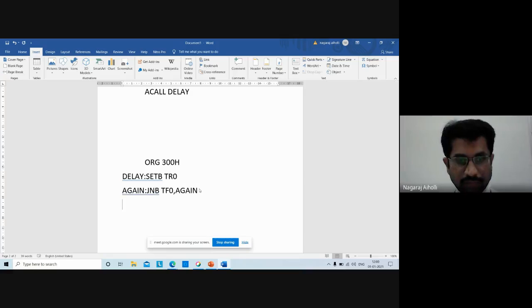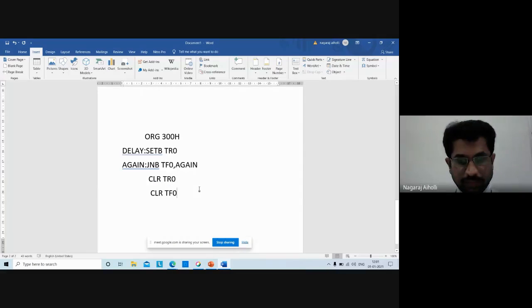Once it comes out of the loop, we have to clear the timer run control bit TR0 for the next round of operation, and then clear the timer overflow flag TF0 for the next round of operation. Then, as it's a delay program, return. Then we have to end this.